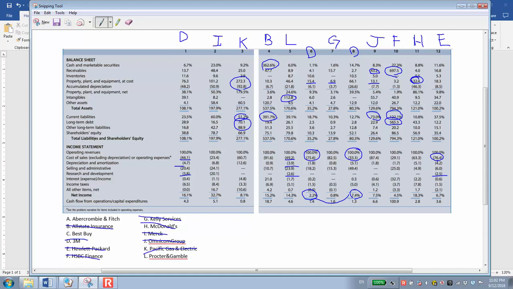So now it is very clear. Also another one is selling and administrative expense. 8 is a lot higher than 6, right? So for sure, A&F has lots of marketing expense. So this must be, let me see, 8. So 6 must be Best Buy.